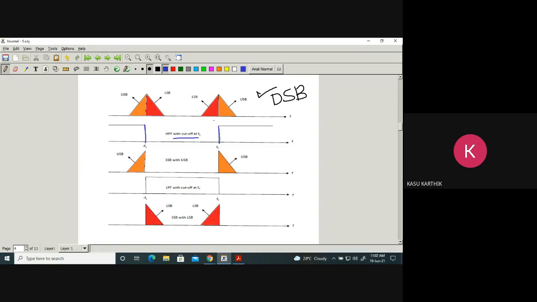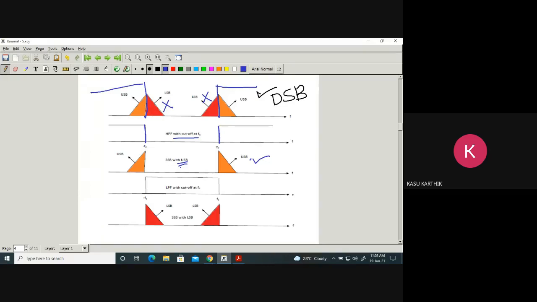The lower sidebands are removed. You will get only this portion, which is transmitted through the filter, which means the lower sidebands are suppressed. This is what you get. This is SSB with the upper sideband. That is one method.